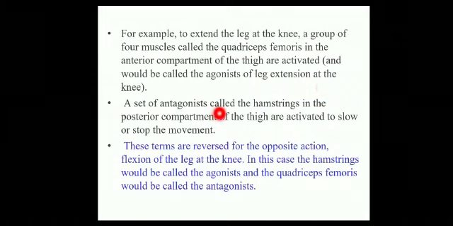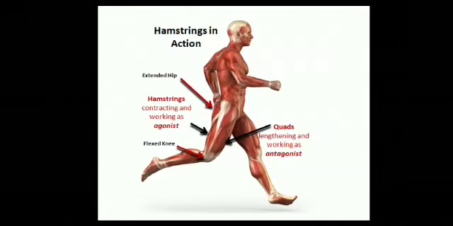A set of antagonists called the hamstrings in the posterior compartment of the thigh are activated to slow or stop the movement. And these terms are reversed for the opposite action, flexion of the leg at the knee. In this case, the hamstrings would be called the agonist and quadriceps femoris would be called the antagonist.